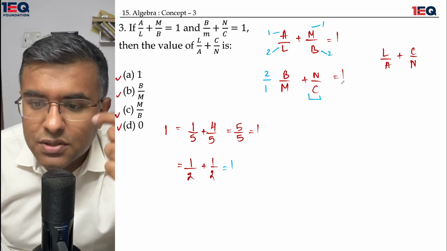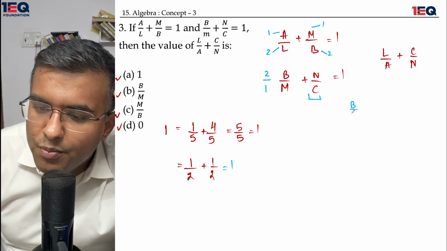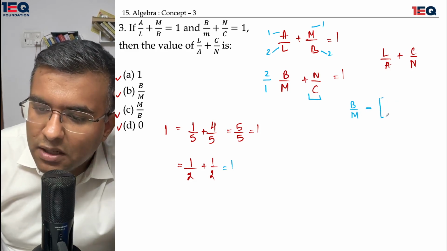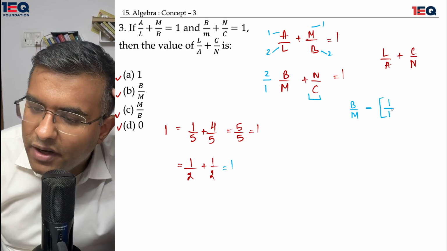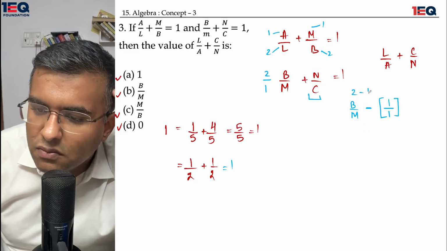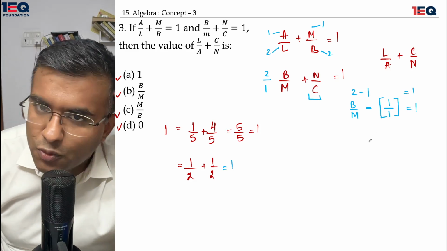The subtraction is only possible when b by m, there is a minus sign over here. The minus can occur because of n or because of c, and there is a definitive 1 upon 1 over here, because 2 minus 1 is equal to 1. So this is what I am supposed to achieve.